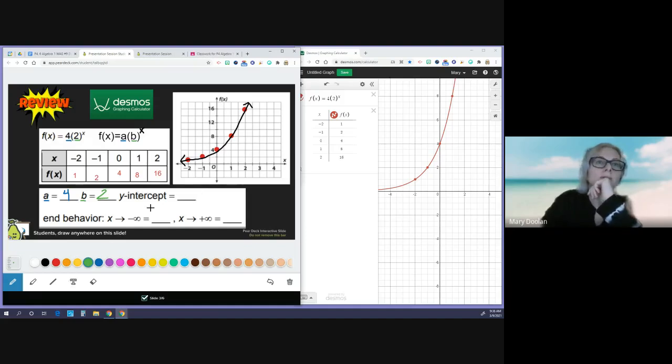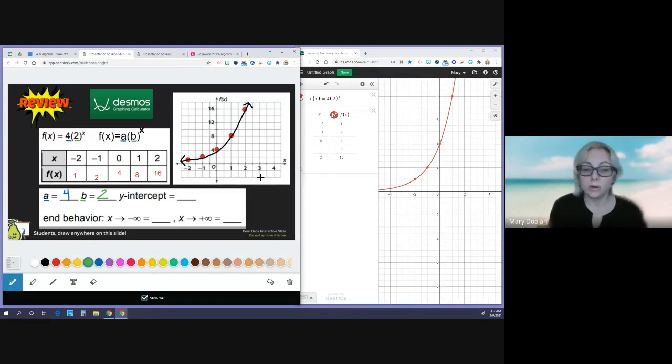The y-intercept, okay, you have a bunch of different ways to figure this out. To figure out the y-intercept, you can look at your graph. Where does it cross the y-axis? You can look at your table. What value of y, or f of x, do you get when x equals 0?